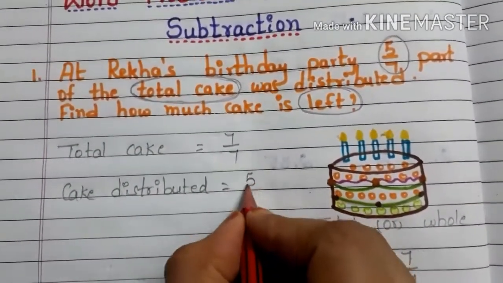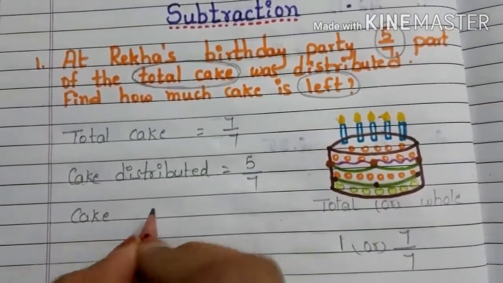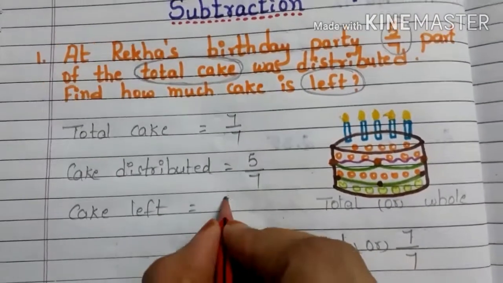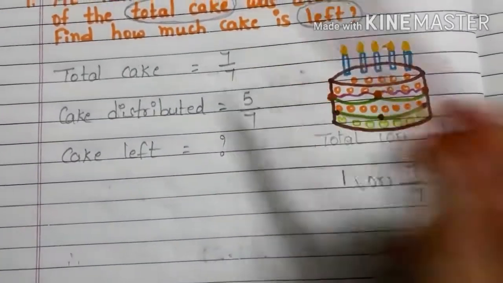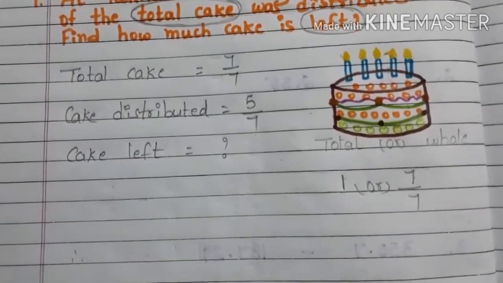So write here 5/7. Now cake left. How much part of the cake was left? We have to find that. Okay. Now we have to subtract 5/7 from 7/7. Then we will get how much cake is left.